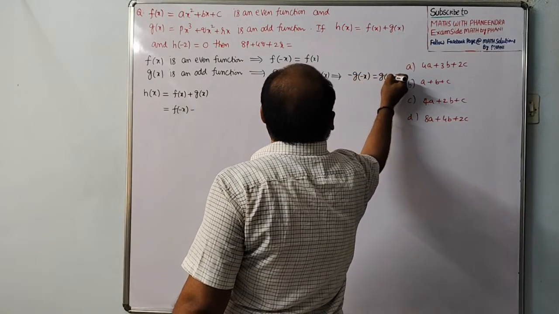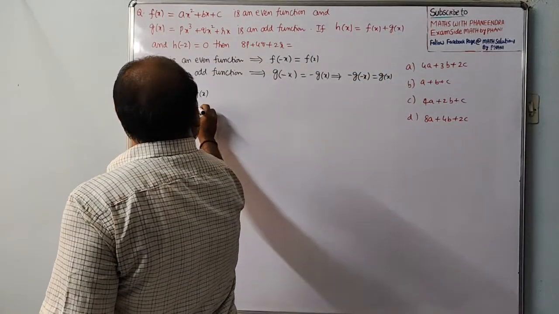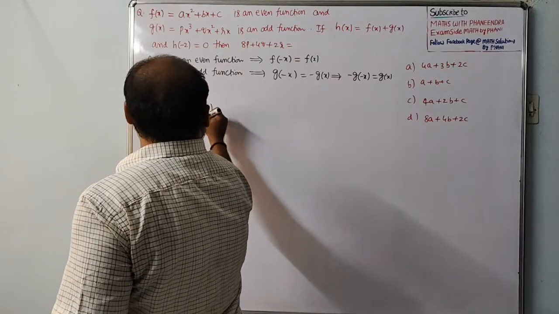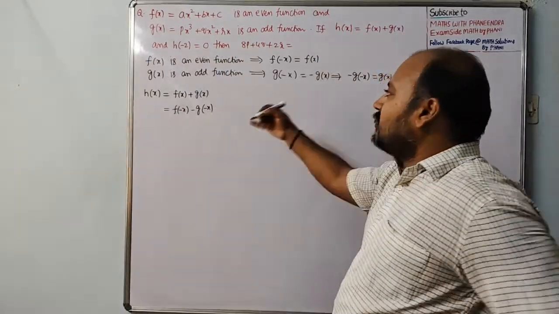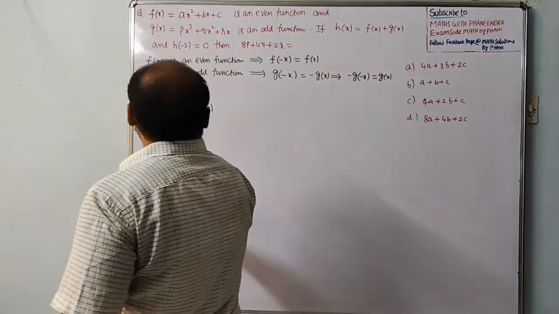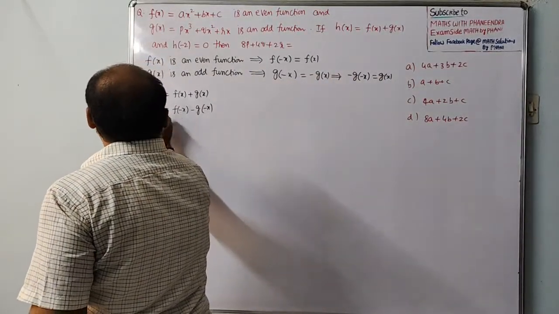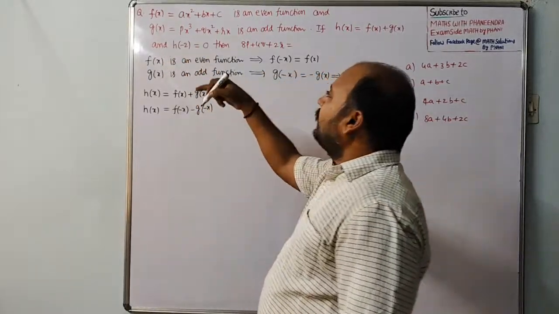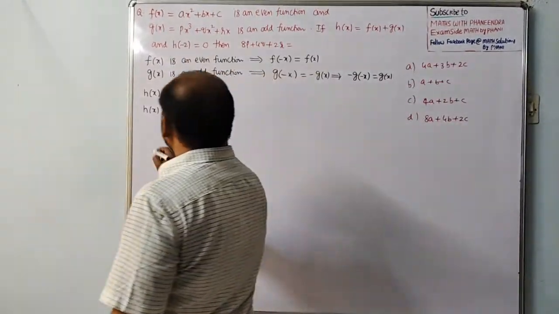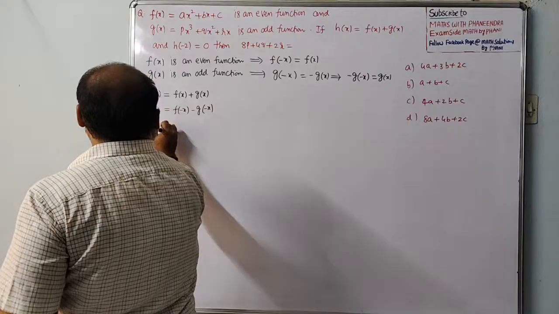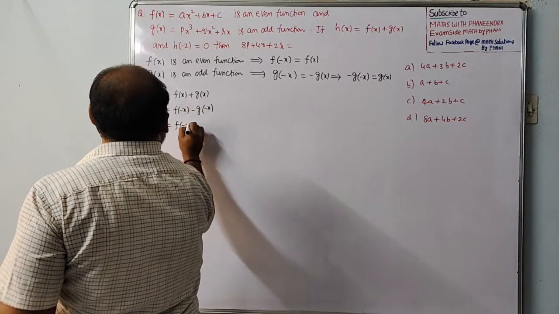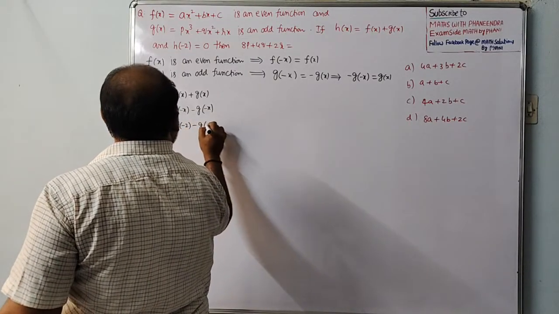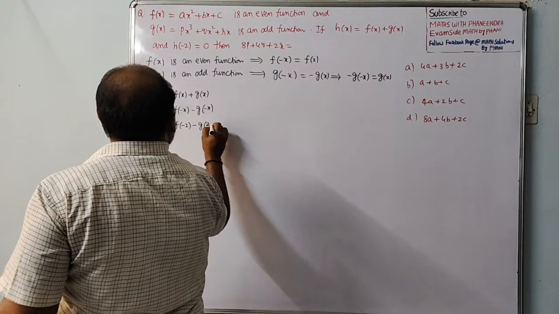So h of x equal to f of x plus g of x. But they are asking to find h of minus 2 equal to 0, so x is equal to minus 2, substitute. f of minus 2 plus g of minus 2.